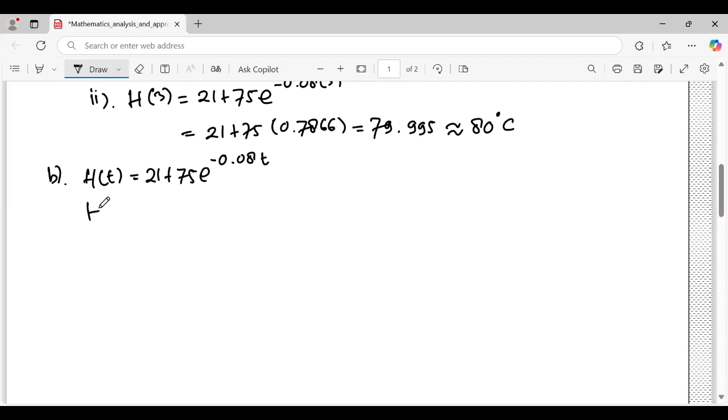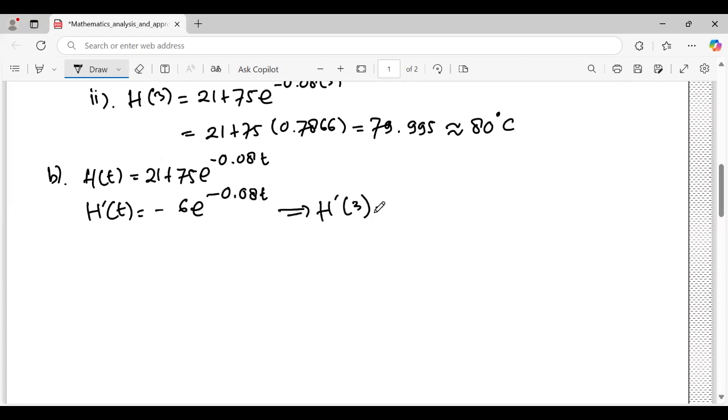So the first derivative of this function is: 21 becomes 0, and it is minus 0.08 times 75, which is minus 6 e power minus 0.08t.